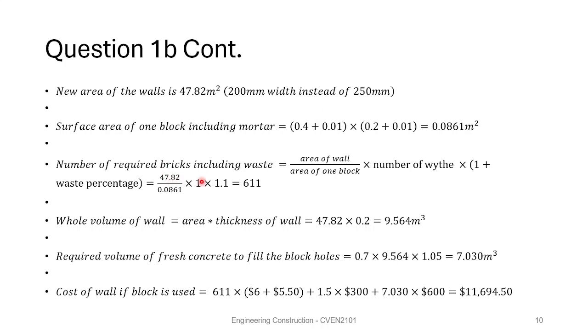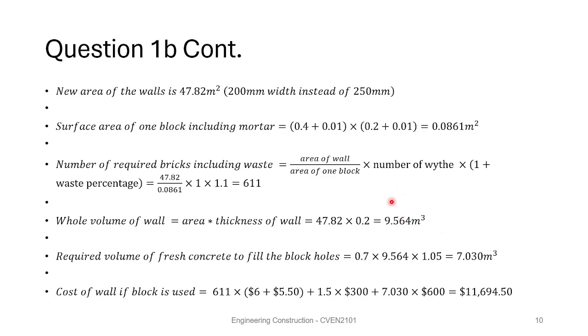And the number of required blocks, including waste, you use the same calculation as the bricks, okay? The whole volume of the wall, you just calculate 47.82 multiplied by 0.2. It'll give you that wall volume.